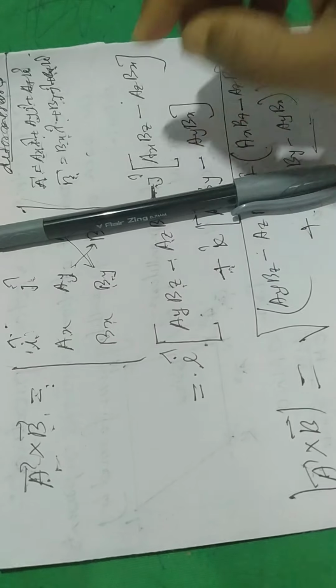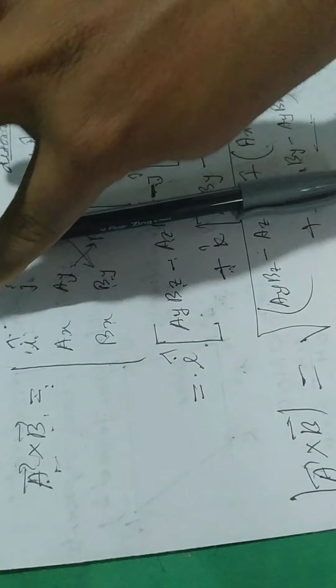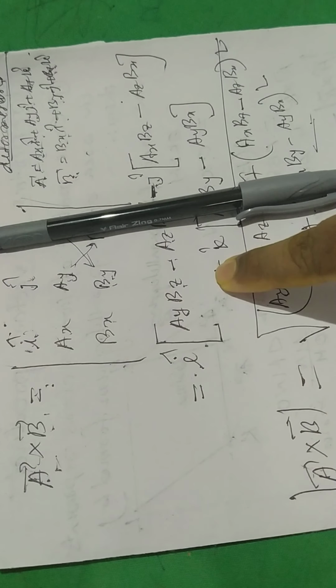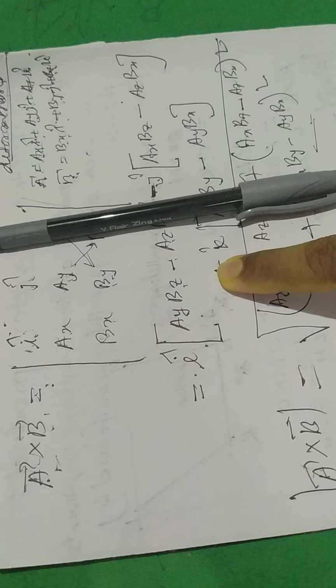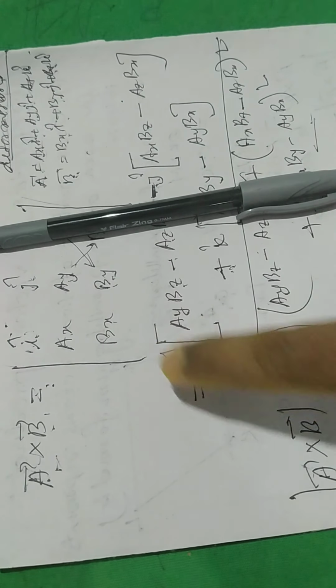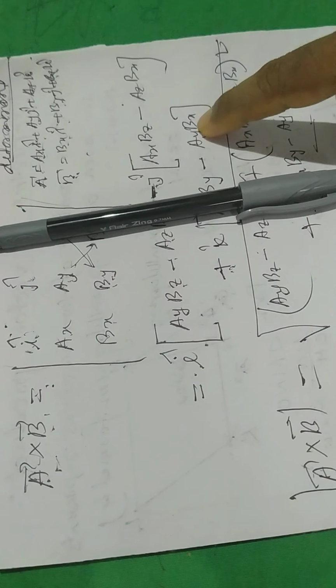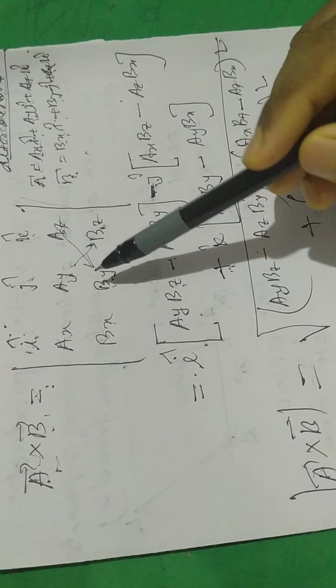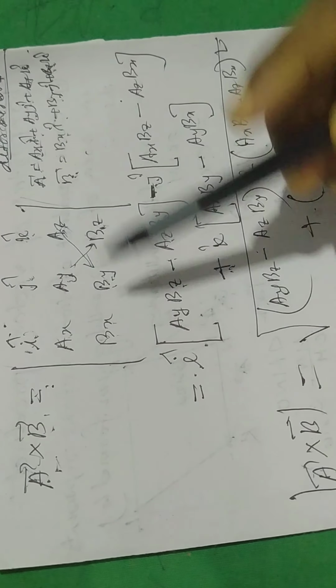Then similarly third column and first row: AX, AY, BX, BY. So you write K cap, AX BY minus AY BX.